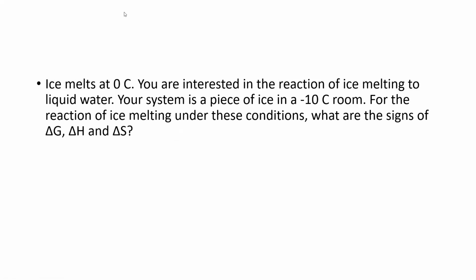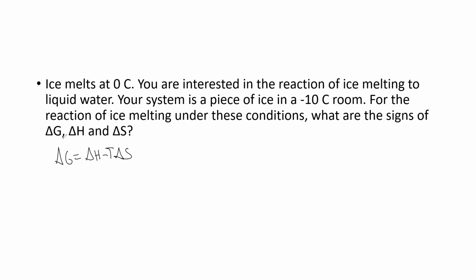Right, so here's another one. Ice melts at 0, and you are interested in the reaction of ice melting to liquid water. Your system is a piece of ice in a -10-degree room. For the reaction of ice melting under these conditions, what are the signs of G, H, and S? First, delta G. Remember our equation, delta G equals delta H minus T delta S. Delta G tells us if something is spontaneous, right?